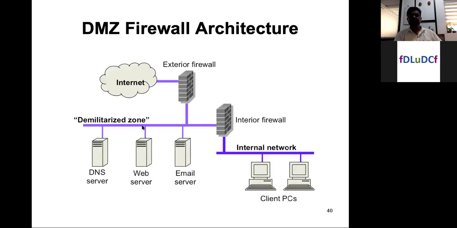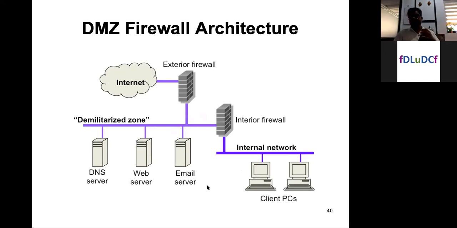The demilitarized zone is a special subnetwork we usually configure to put our public servers, because usually a firewall isolates internal and external networks. If there are some servers of our organization which we should expose to outside people, those devices need to be put into the demilitarized zone. If you don't have a demilitarized zone, the entire internal network is isolated from the external network.